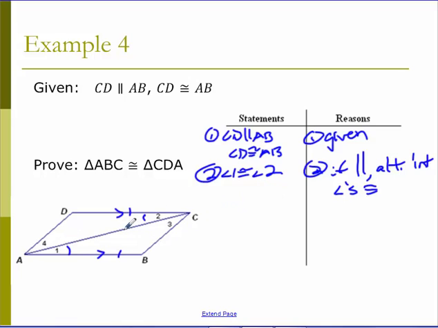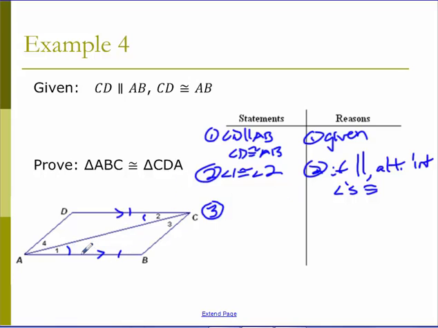So I know those are congruent. 3 and 4 probably are congruent in the picture, but I can't say anything about 3 and 4 because CB and AD, I don't know for sure if they're parallel.